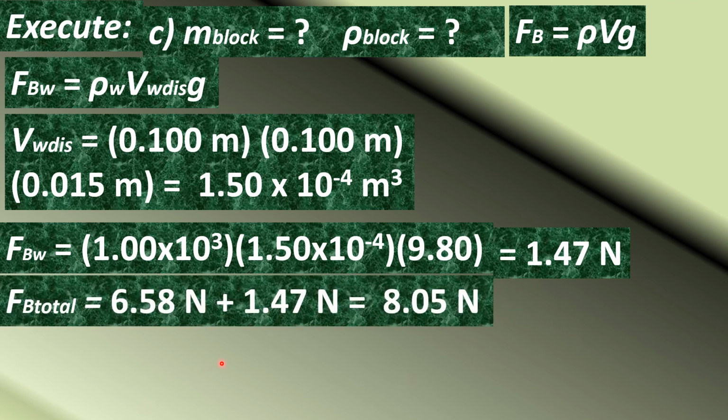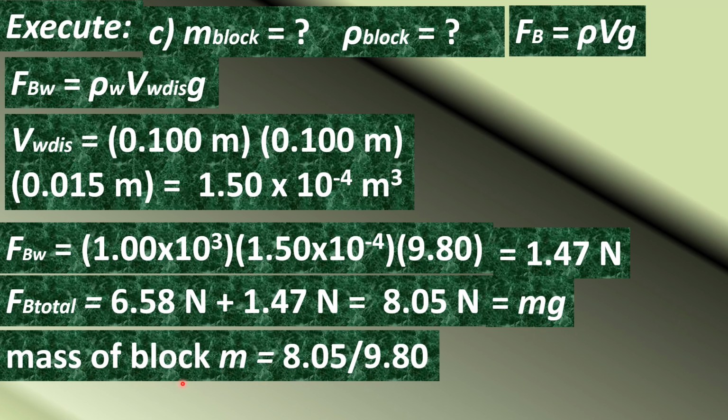So adding the two buoyant forces, the buoyant force exerted by oil, 6.58 newtons, plus the buoyant force exerted by water, 1.47 newtons, we get the combined upthrust or buoyant force exerted by the two liquids equal to 8.05 newtons. And this combined upthrust is just equal to the weight of the block, mg, right?